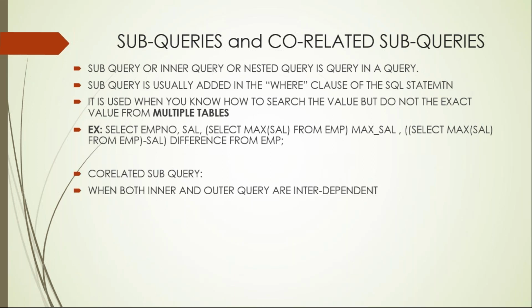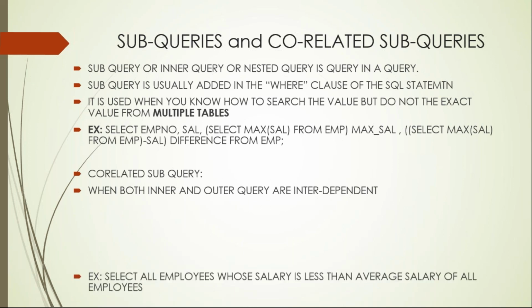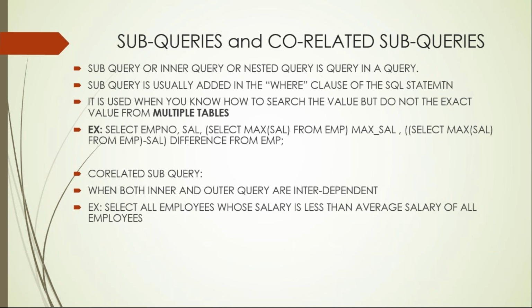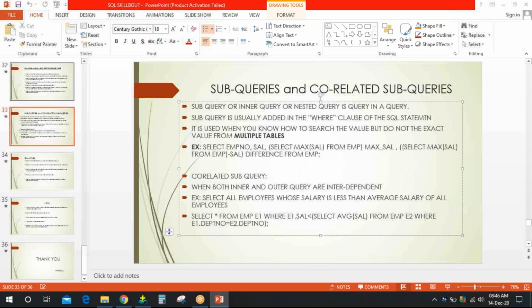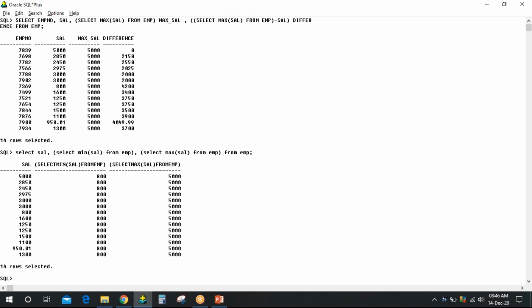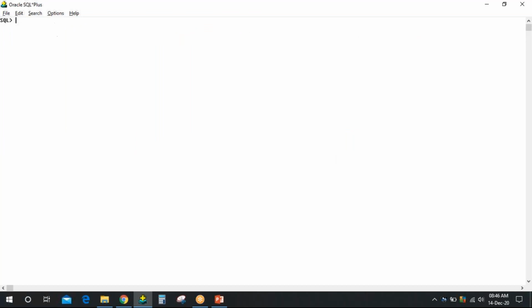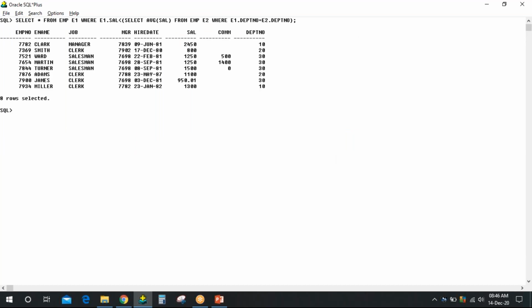Correlated subqueries, where the inner query and outer query are both interdependent. Here is an example. Let's paste this also and check how these are interdependent. Let's start from EMP as E1, where E1 dot sal.